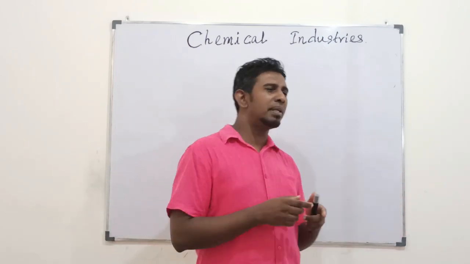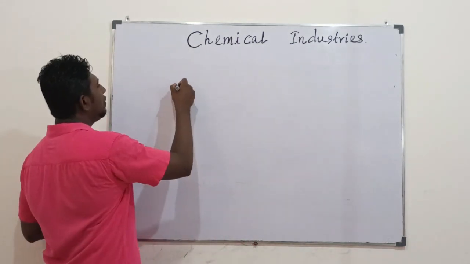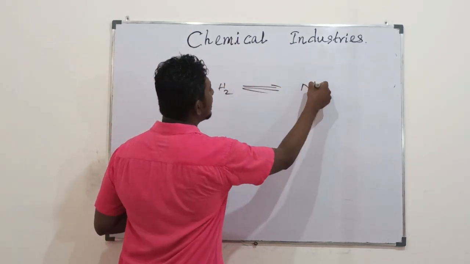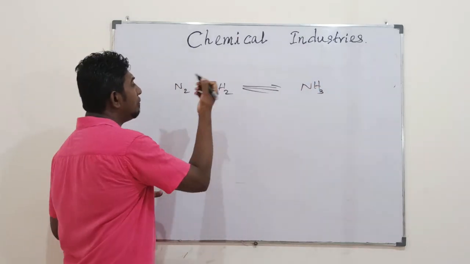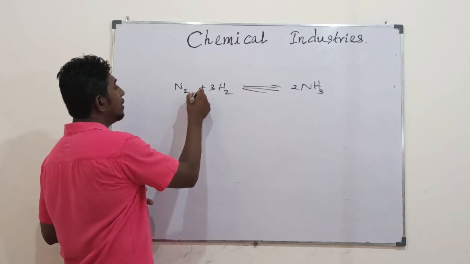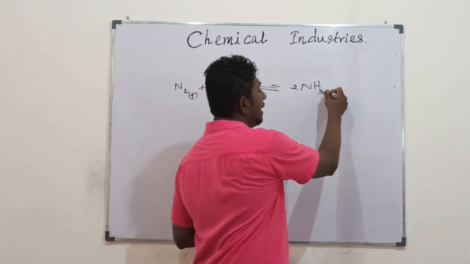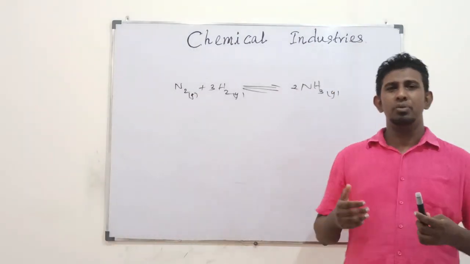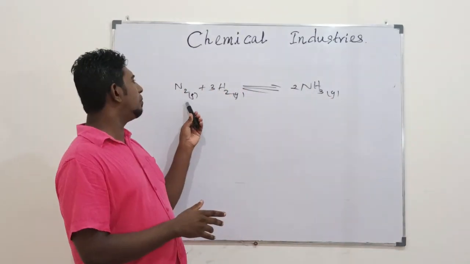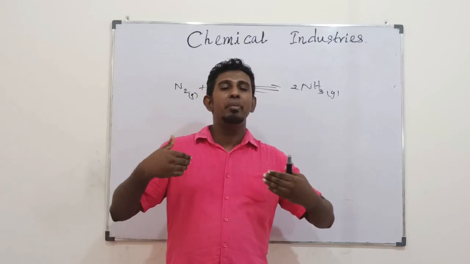For example, you could have N2 and H2 as the raw materials in the ammonia manufacturing process. When you feed N2 and H2, they will react, giving you ammonia. So N2 is a raw material and H2 is a raw material there.